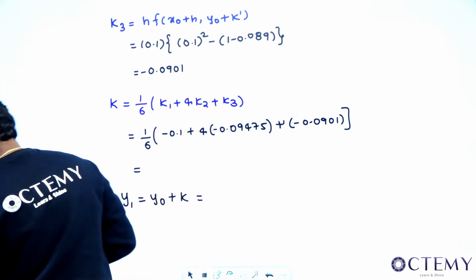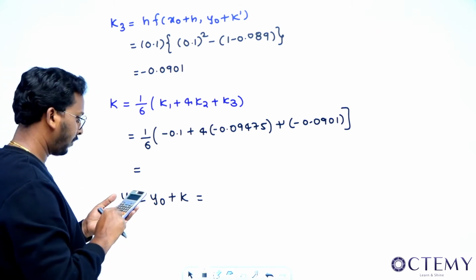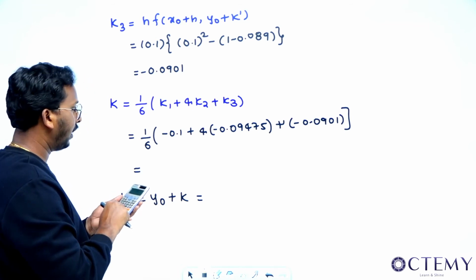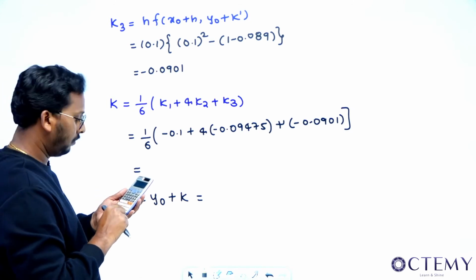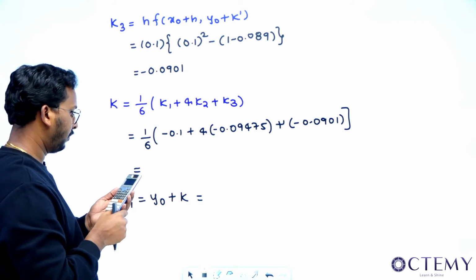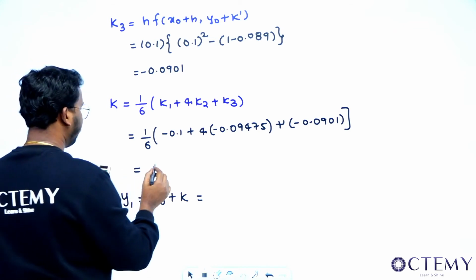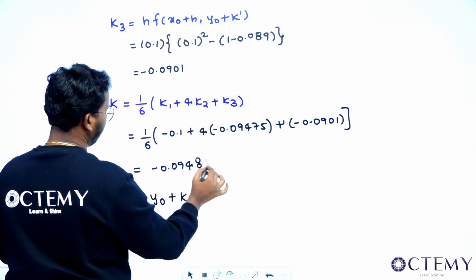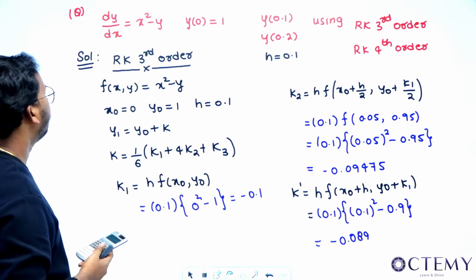If you calculate this and then you calculate y1, that is y naught plus k, see sir, what you are going to get finally? That is basically minus 0.1 plus 4 times minus 0.09475, minus 0.0901, divided by 6. This is coming to be some minus 0.09485. And what is my y naught? 1.